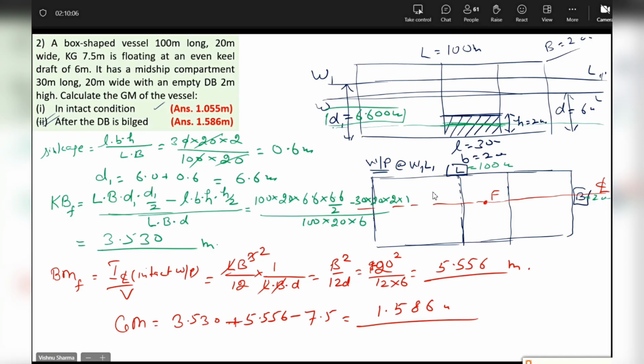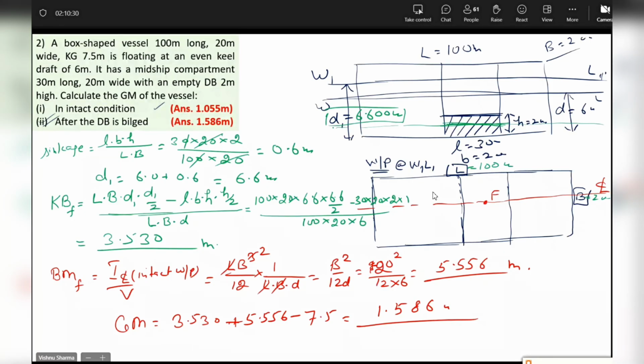So please don't always think that bilging will always lead to compromise on GM. In a situation like this, when it is contained by a tank top or something, the GM can actually increase. Whereas in the previous one the GM had reduced, here the GM has increased.